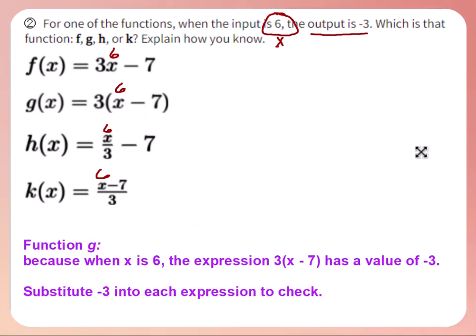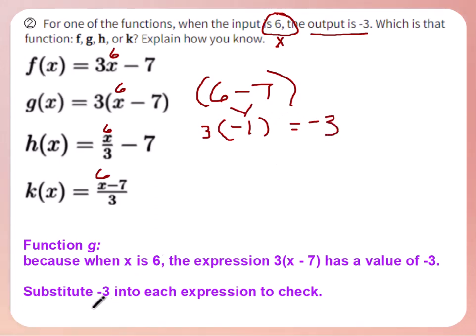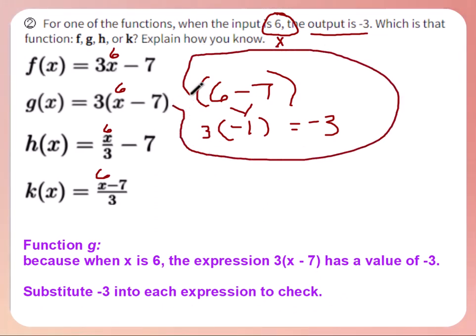It's going to be function g, because if we put in 6 and then subtract 7, 6 minus 7 is -1. -1 times 3 is -3. So substitute -3 into each expression and check. And this is where we found our match. Function g is our match.